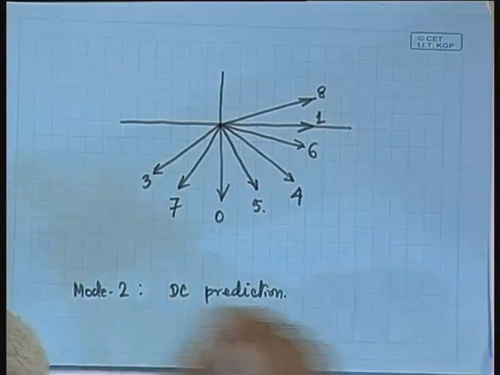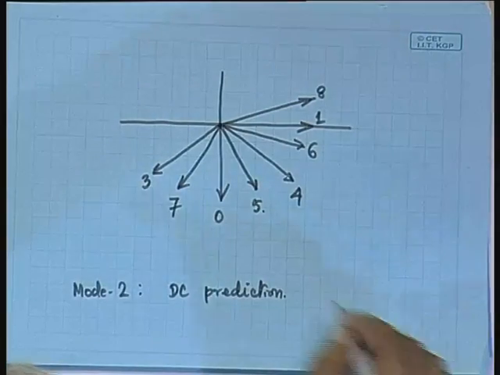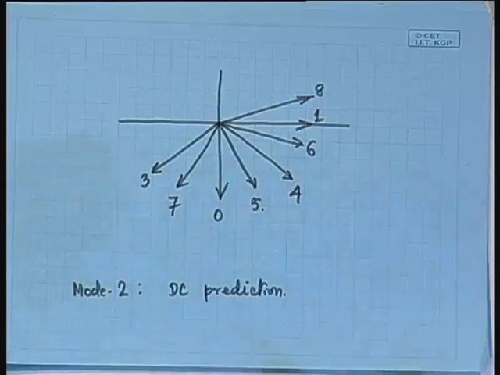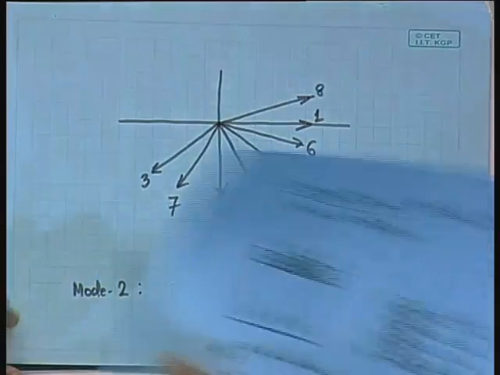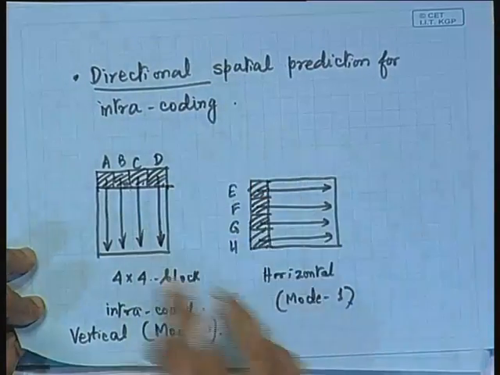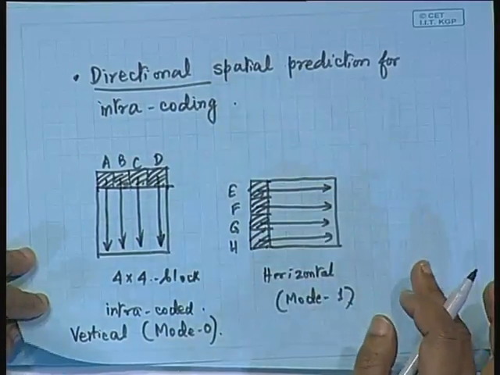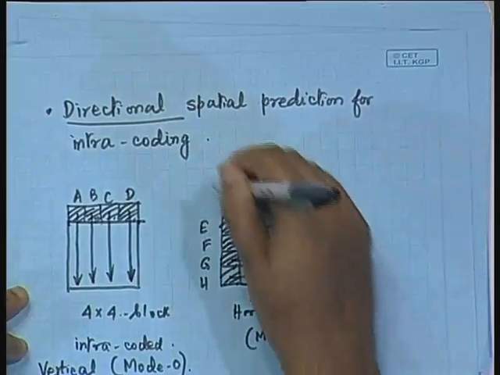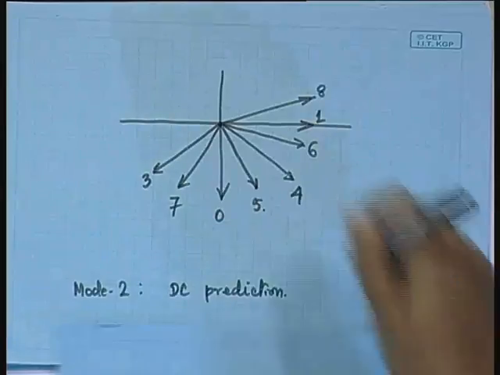Mode 2 is used as the DC prediction, but modes 0 to 8 are otherwise used similarly for predicting from different directions. Just like the way I talked about mode 0 like this, mode 1 like this, if you look at mode 4, it will be a diagonal propagation.